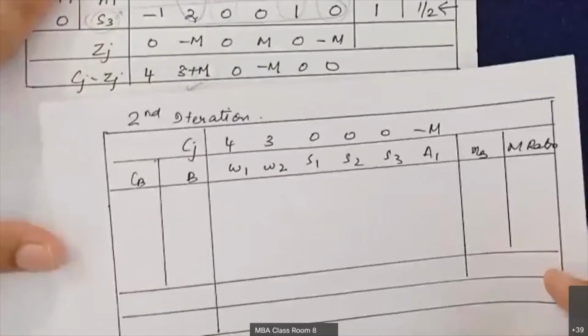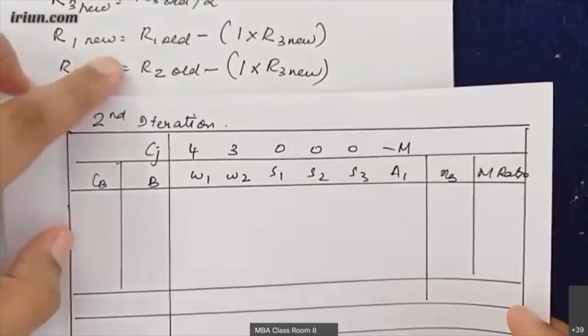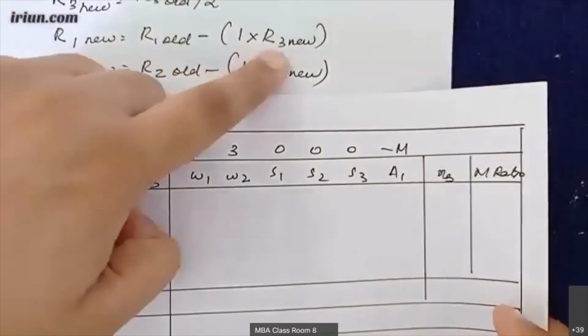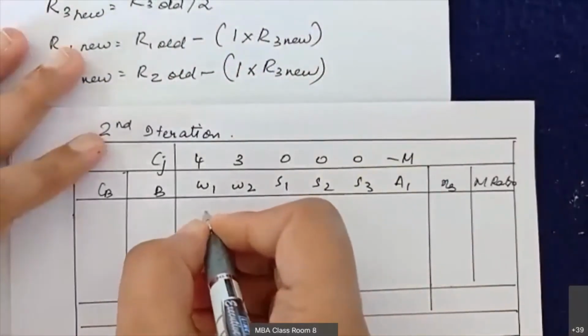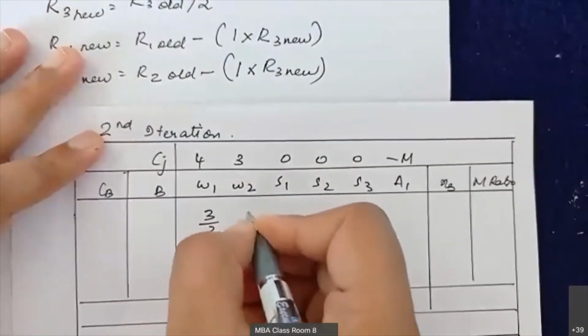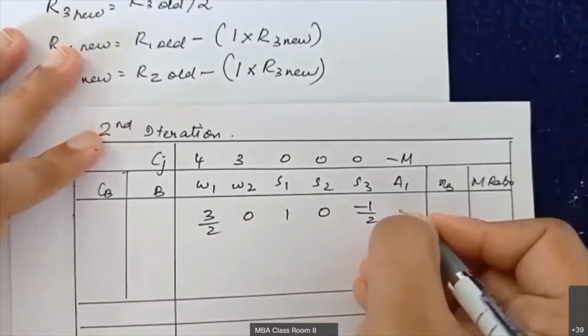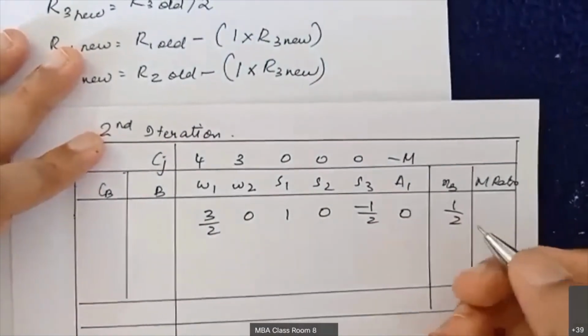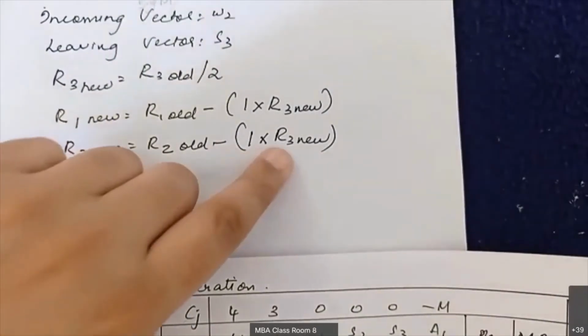So in the first row, after doing the row operations, R1 is equal to R1 old minus 1 into R3 new. I'm going to write the values of R1 new over here: 3 by 2, 0, 1, 0, minus 1 by 2, 0 and 1 by 2. Here I have S1 and 0. Second row, R2 new is equal to R2 old minus 1 into R3 new.